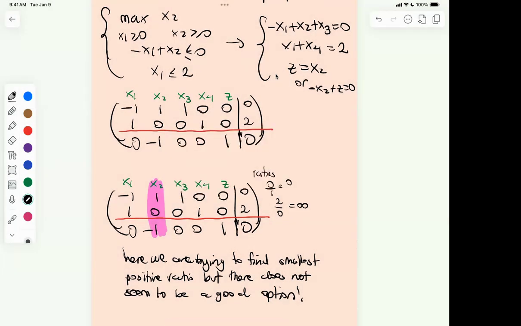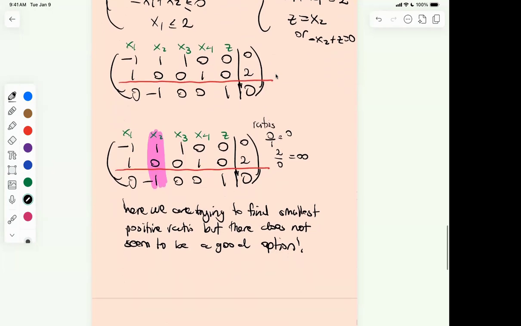Okay, that is true, but here's the difference with the previous case. I don't know if you remember, when we were talking about degeneracy, what occurs when you have a degenerate solution: there are multiple bases that correspond to that same degenerate solution. That's something I had mentioned before.